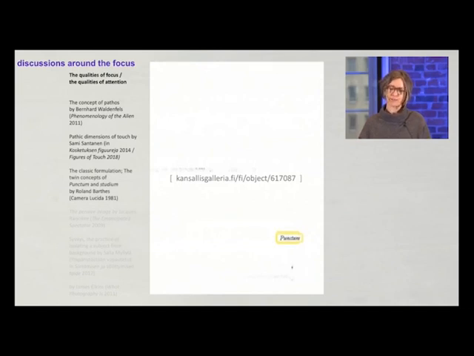Barthes describes punctum as a prick of a photograph, as a touch, a strange element in the photograph, one that disturbs studium, which can be seen as the intentional, cognitive and informative aspect of attention.